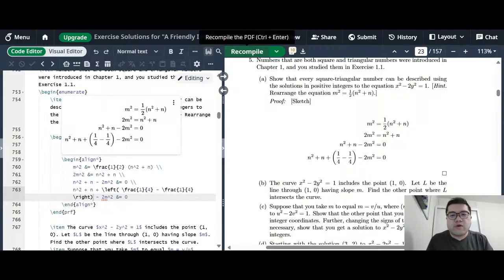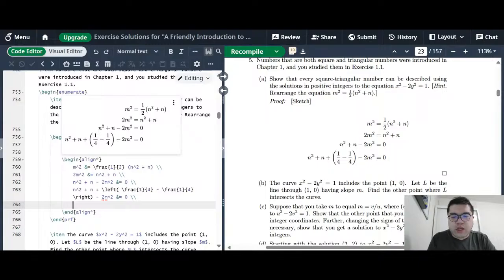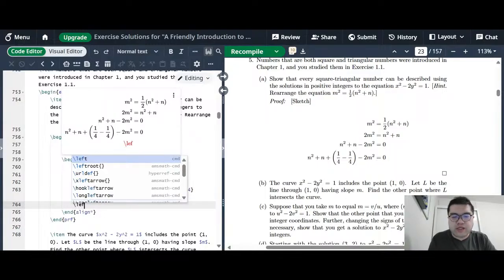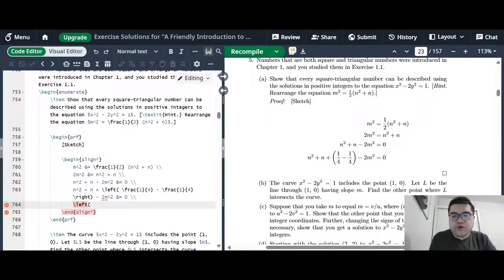Okay. Now the thing that we're doing is that we're trying to add this so that as we break it into two parts and rearrange the left side, we actually will be able to get something like this. So I'm going to put the 1/4 and attach it with the n squared plus n.